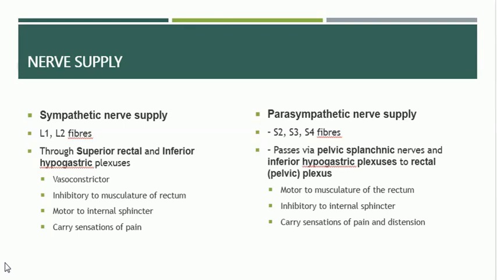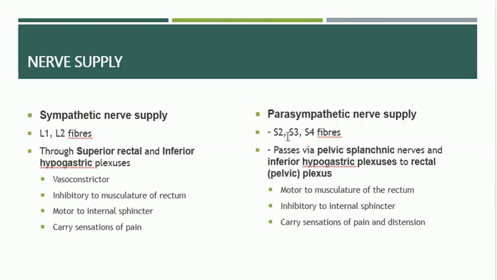They are inhibitory to the musculature of the rectum. They are motor to the internal sphincter, inhibit the external sphincter, and carry the sensation of pain. So pain from the rectum goes through the sympathetic supply, from L1 and L2 of the lateral sympathetic column of the spinal cord.